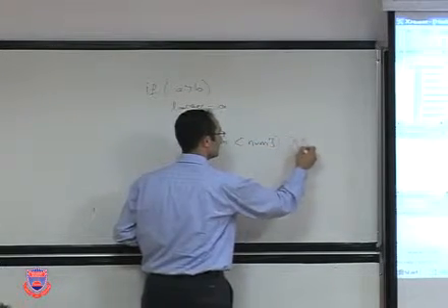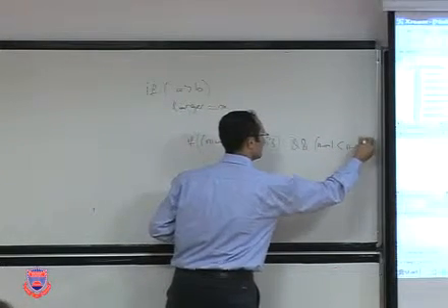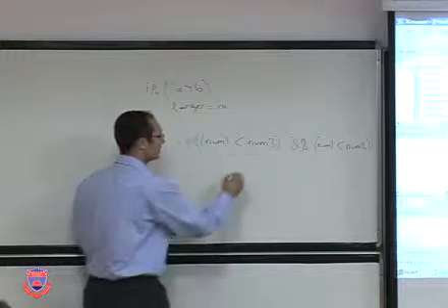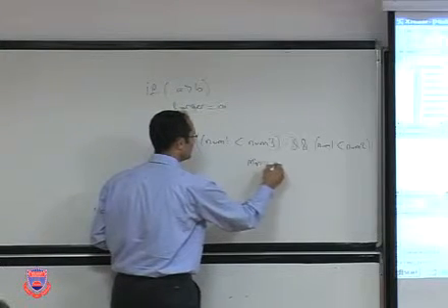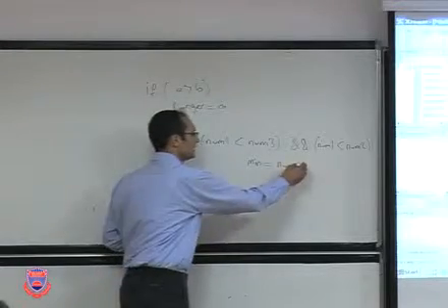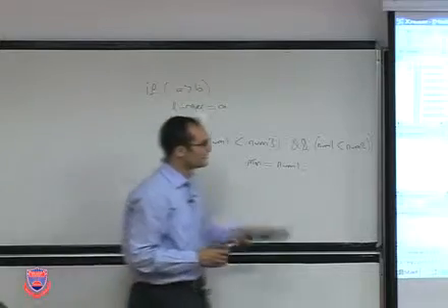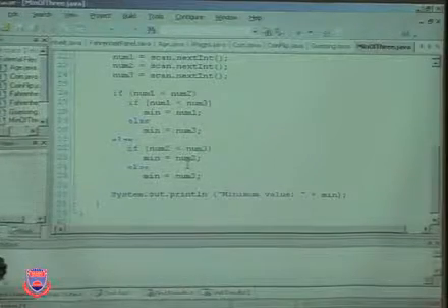And number 1 less than number 2. If those two conditions are satisfied, I can say that minimum is equal to number 1. And so you can come up with all the other conditions and write it one by one. But this is in a sense a neater way of writing it.